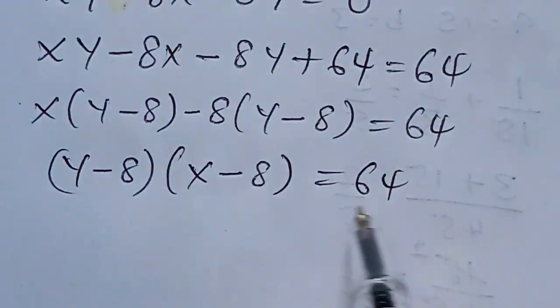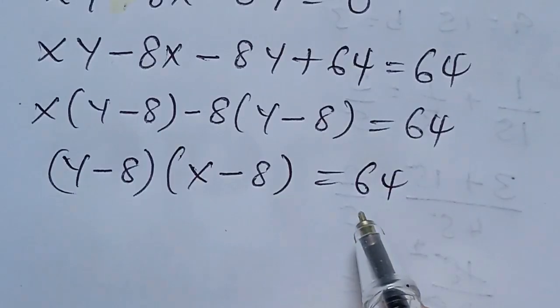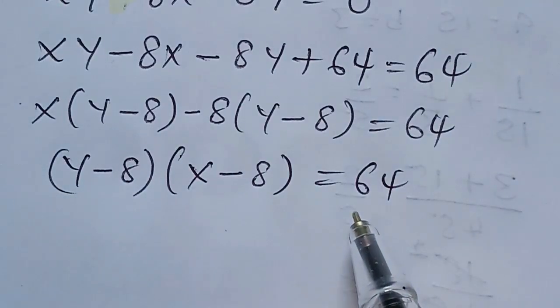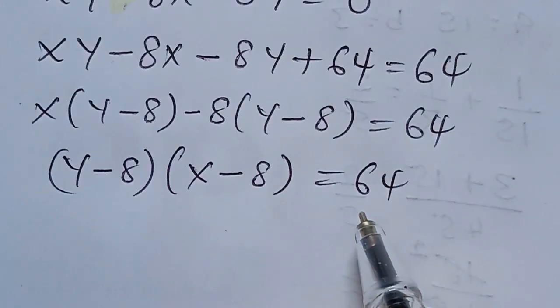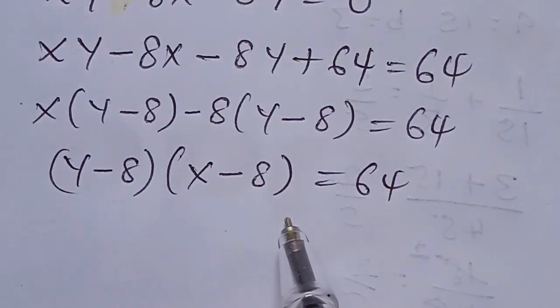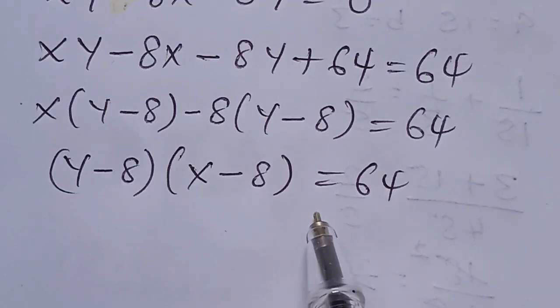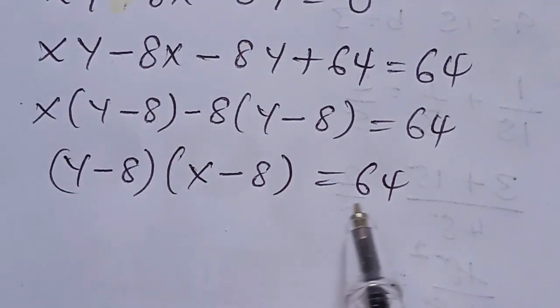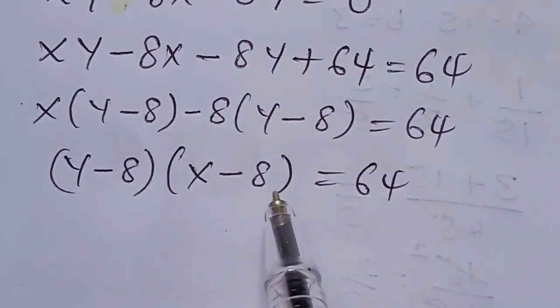Now what we need to do here is we need to factor the pairs of 64 over here. So we take positive integer pairs as a nice solution to this step.